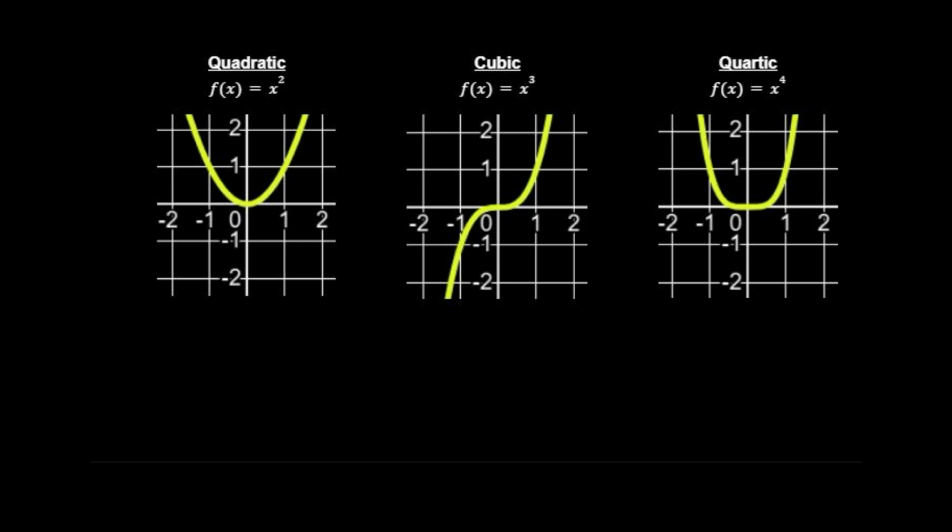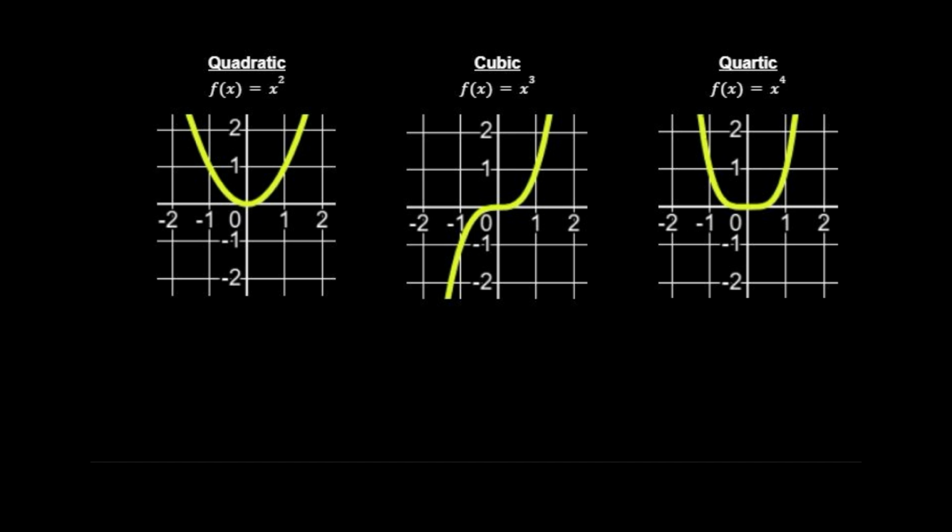And quartic is very similar to quadratic, except that it kind of bottoms out a little bit before going back up. It's not completely flat, but it gets very much stretched along the x-axis and a lot closer than what it is as a quadratic.